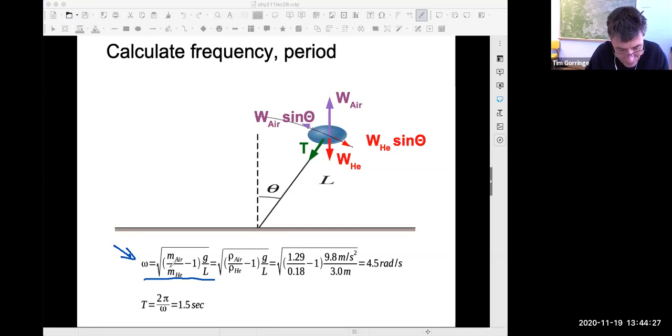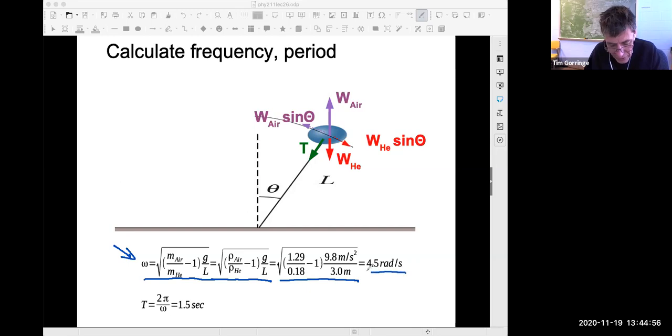I rewrote it, instead of in terms of the masses of air and helium, I divided by the volume of the balloon and wrote it in terms of the densities of the air and the helium, because we were told the densities of the air and the helium. But this equation here contains everything we know, right? It contains the densities of the two gases, the length of the string, and the acceleration of gravity. All I have to do is plug in those numbers.